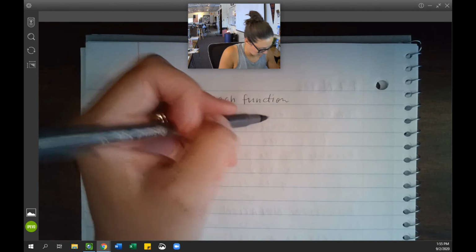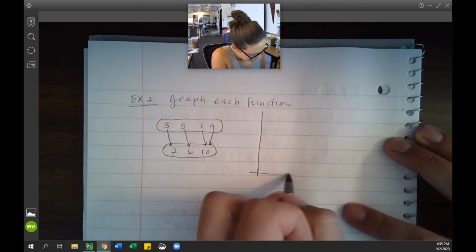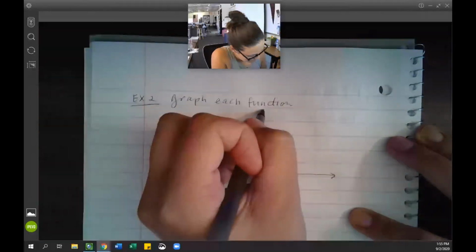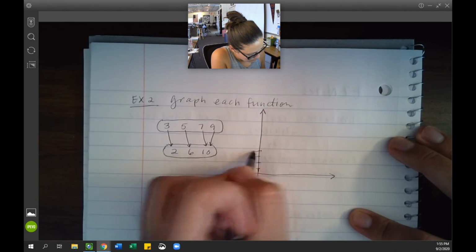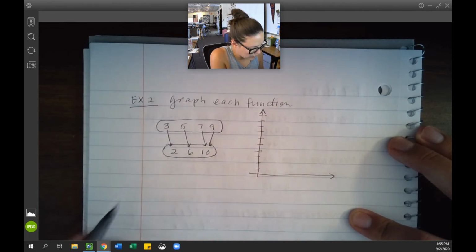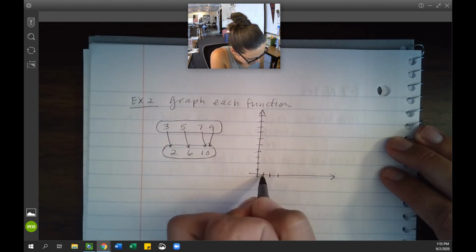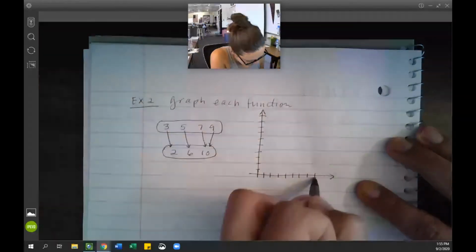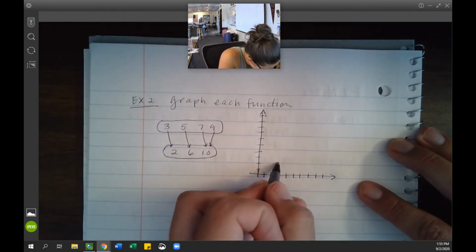Okay, so I'm going to make a graph here. I've got to make sure my y values go all the way up to 10, and my x values have to go all the way to 9. Okay, 3, 2.